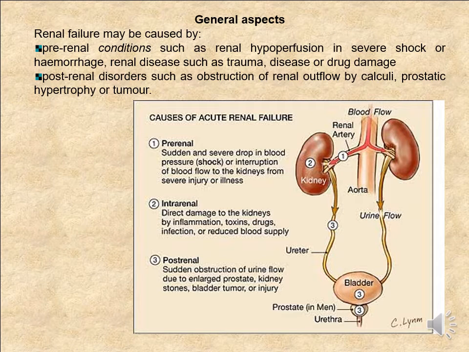Renal failure may be caused by pre-renal, intrarenal, and post-renal conditions. Pre-renal conditions include renal hypoperfusion in severe shock or hemorrhage. Intrarenal causes are renal diseases or direct damage to the kidney by inflammation, toxic drugs, infection, or reduced blood supply.